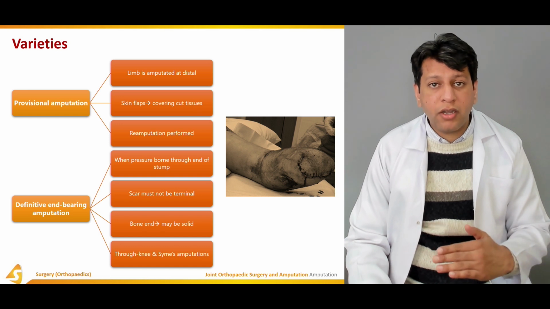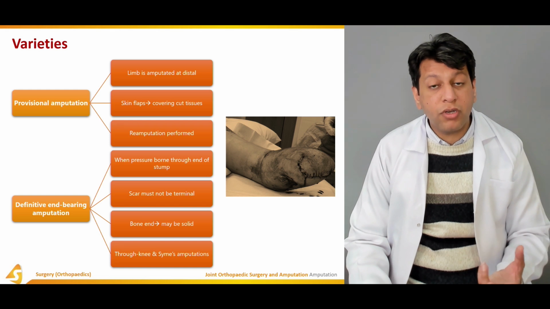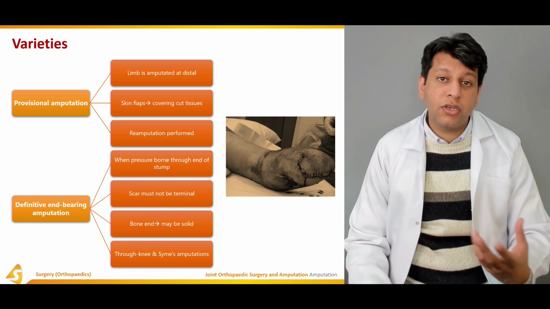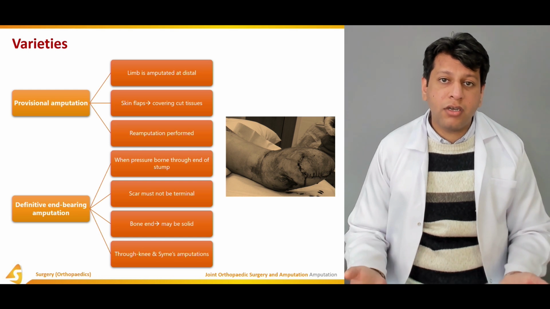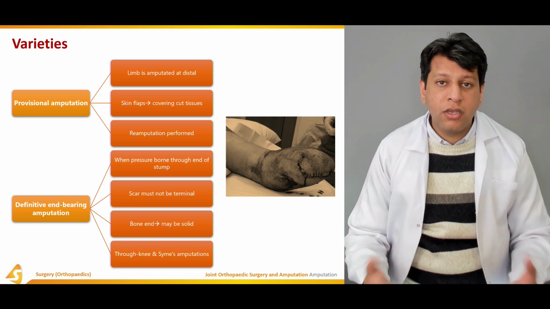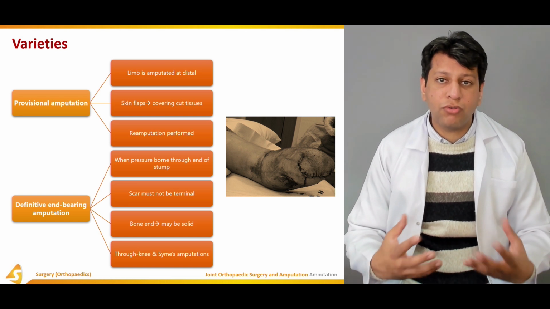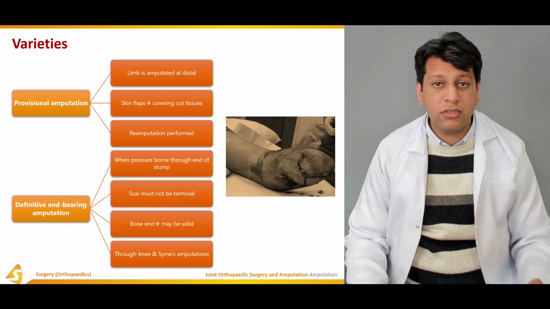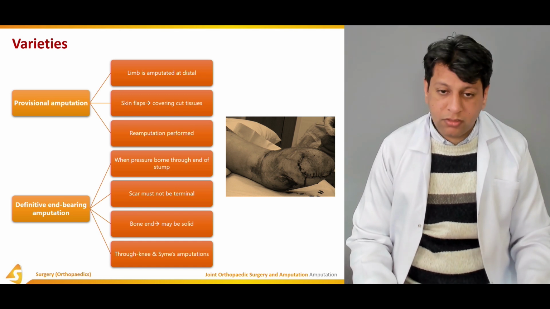So if we are cutting it off in the mid tibia or mid femoral level, then eventually this femur is going to grow and come out of the stump. So there is always a problem. Through knee amputation resolves the problem of bone coming out of the stump eventually, which may otherwise need refashioning of the amputation.